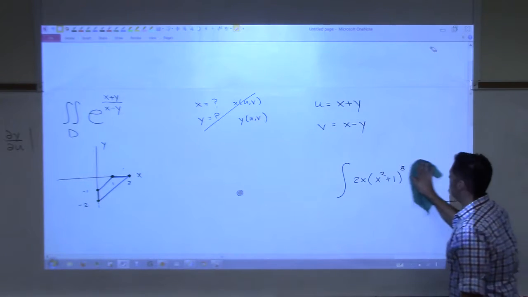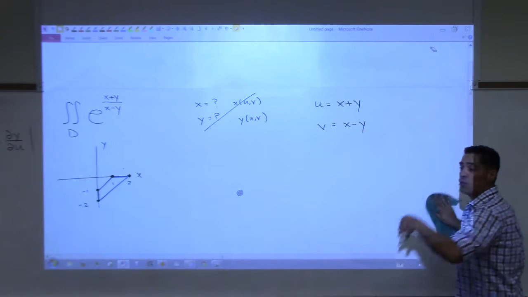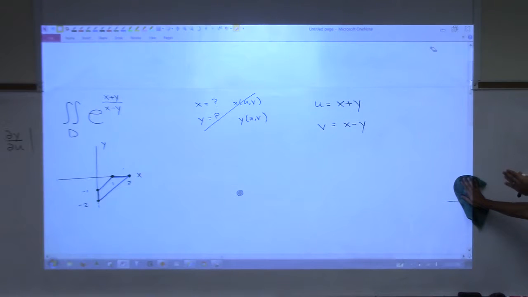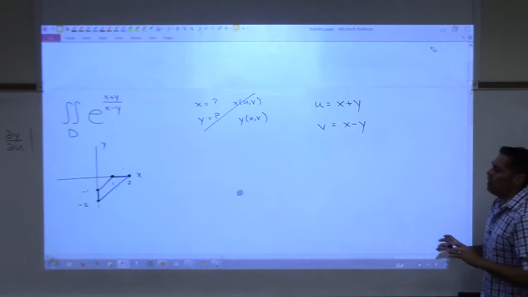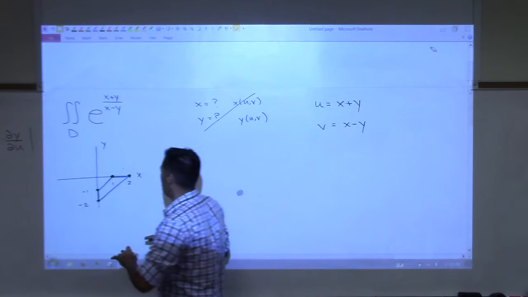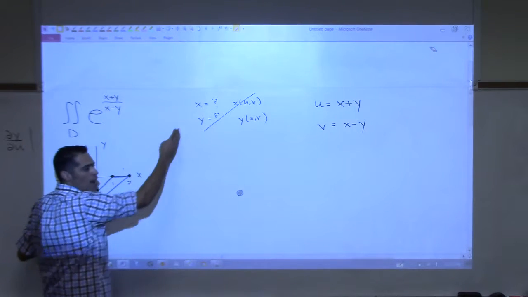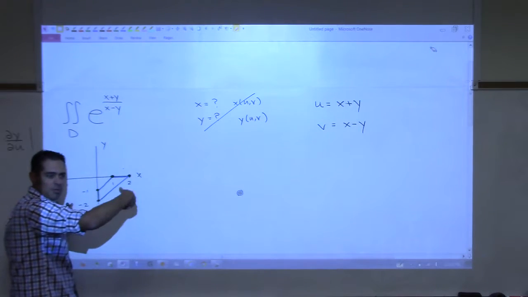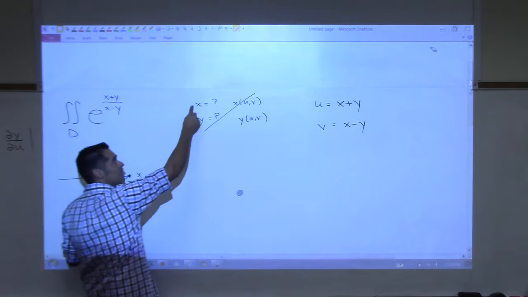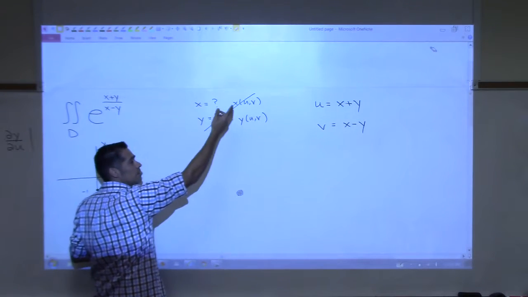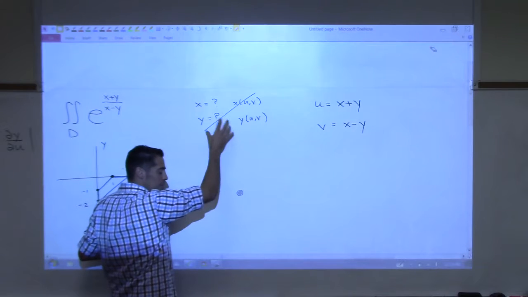All right, so there's the substitution that we are going to try. There's no guarantee that this is going to work. We already fundamentally have a problem, though, and that's that the way we proceeded in the previous two examples is that we worked with x equals and y equals. So we could take the partial of x with respect to u, partial of x with respect to v, and so on to get the Jacobian.